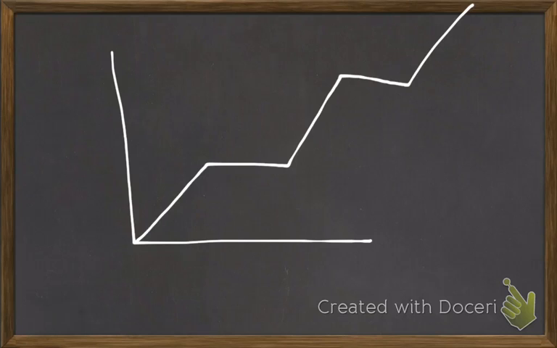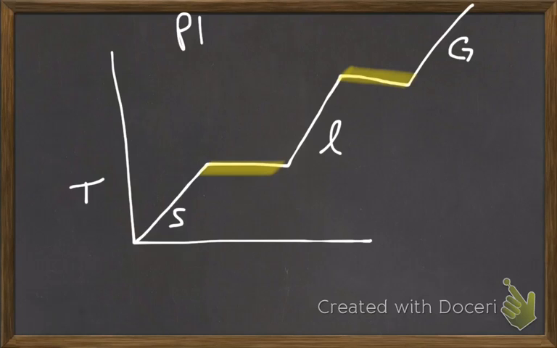Now remember we have a solid, we have a liquid, and then we have the gas up here. When we are going from here to here, the temperature is increasing. But our focus today is here and here. These are where we actually have our phase changes. Those are the phase changes.